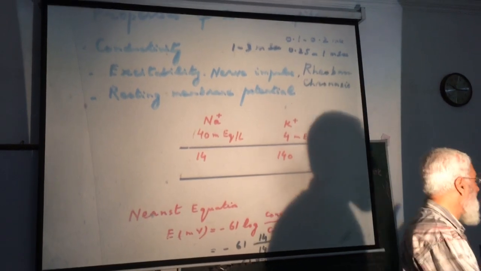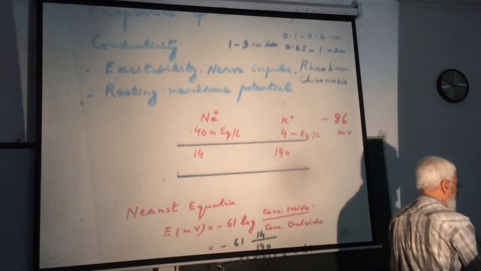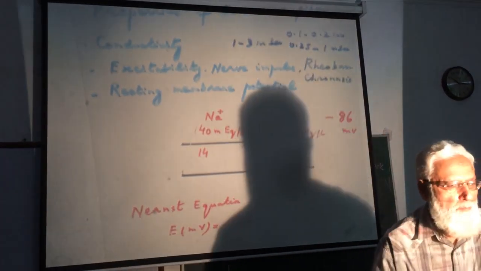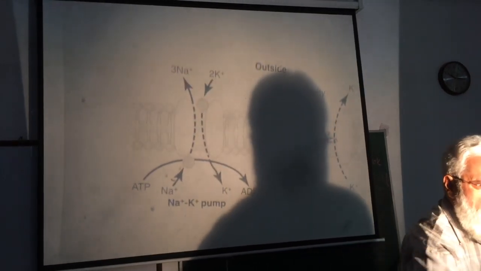So out of minus 90 millivolts, minus 86 millivolts is due to outward potassium diffusion.